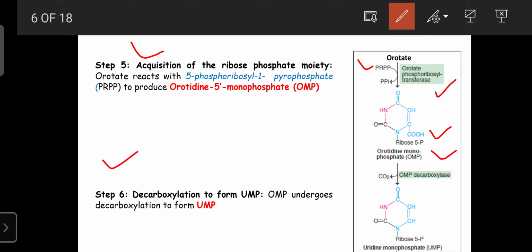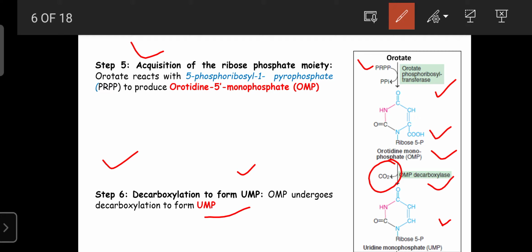Step 6 is the decarboxylation to form UMP. OMP undergoes decarboxylation in the presence of the enzyme OMP decarboxylase, and it releases carbon dioxide. Due to the release of carbon dioxide by the decarboxylation reaction, OMP yields uridine monophosphate, that is UMP.